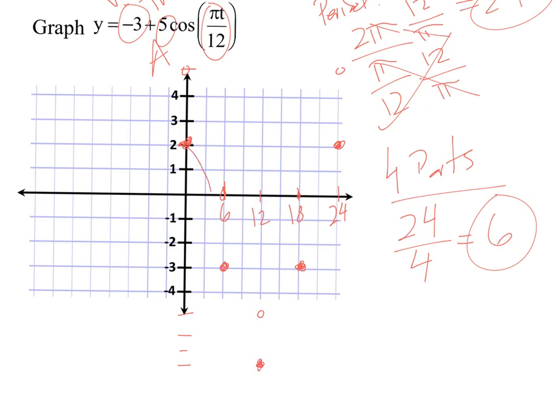Okay. And there's my cosine graph. All right, so once again, pretty simple stuff once you understand what you're doing.